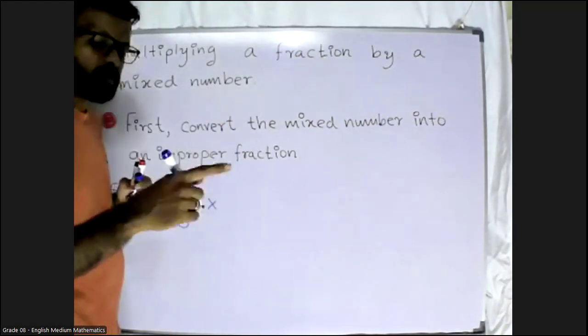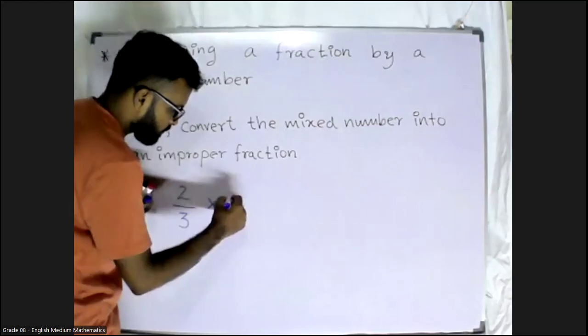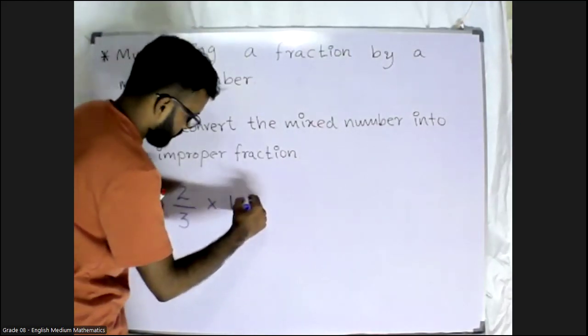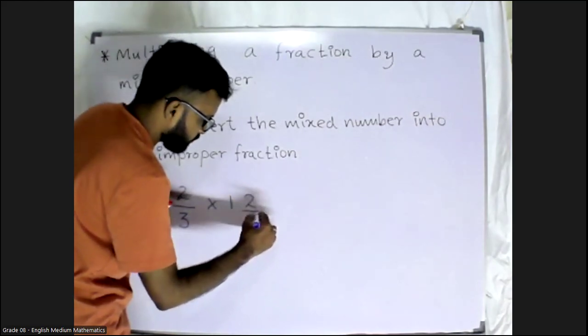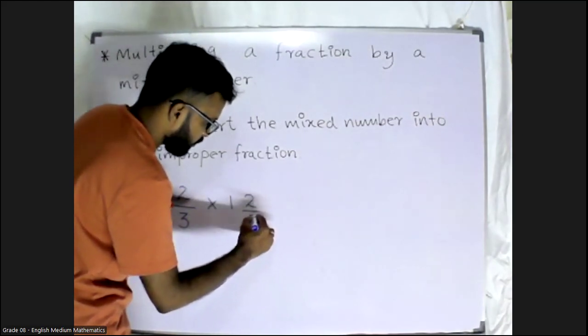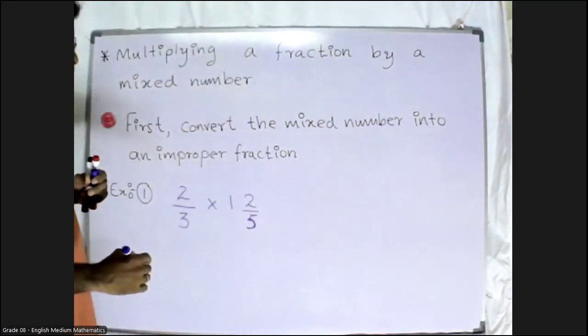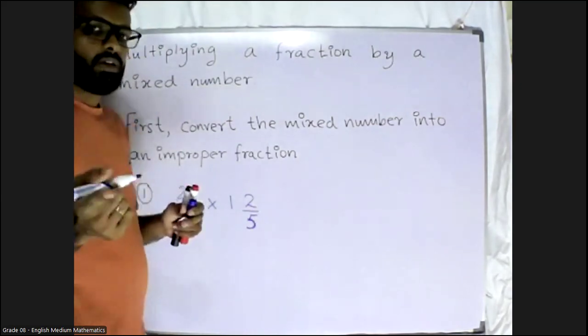I will take my mixed number as 1 and 2 upon 5. So what should I do first?